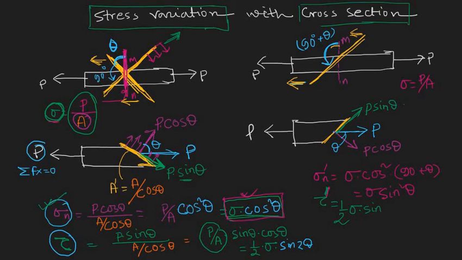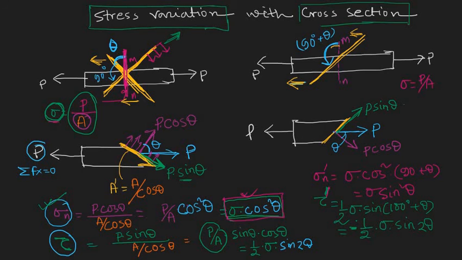Instead of 2 theta I will write 180 degrees plus 2 theta, and it gives us minus half times sigma times sine 2 theta.